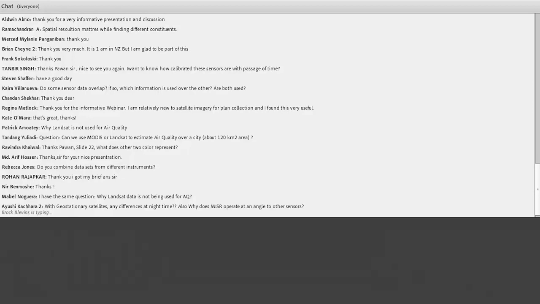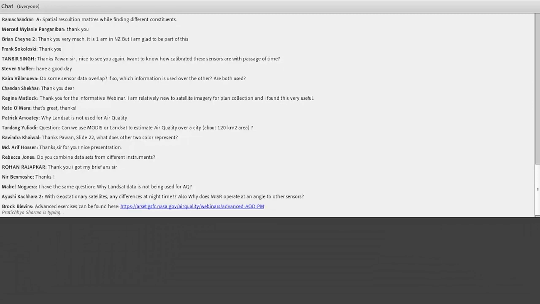Okay, another question: why is Landsat not being used for air quality? That's a difficult question. Landsat is very high resolution and is designed for land mapping. It's 30-meter resolution, and first of all, its coverage is very limited.